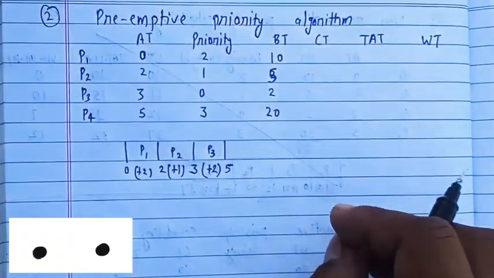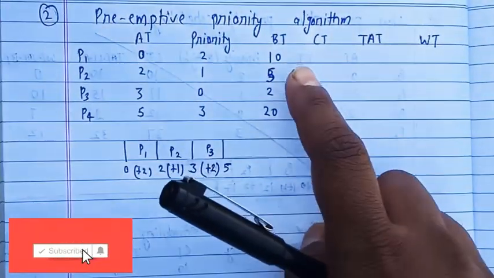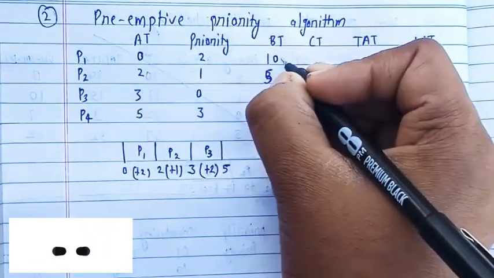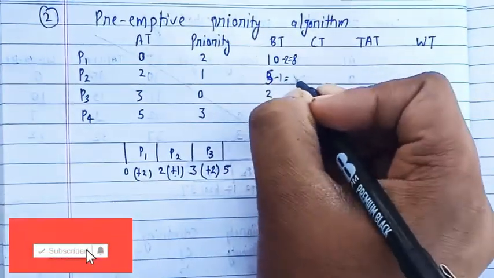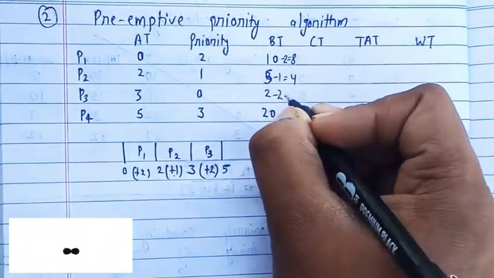At the same time we have to keep track of how many units of work have already been done. So here P1 has 2 done, so 8 remains, in the case of P2 it is 1 done, so 4 remains, and in the case of P3 it is 2 done, so 0 remains.